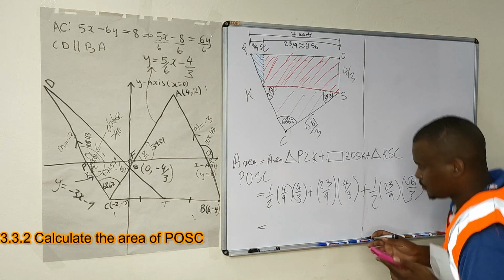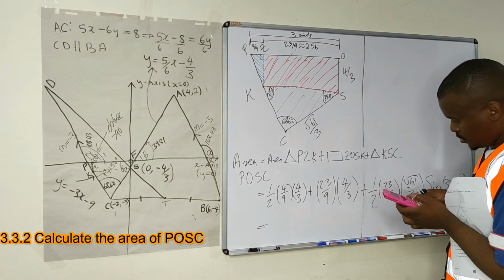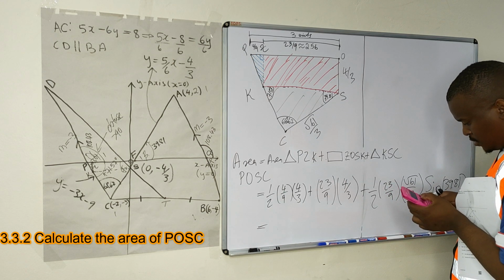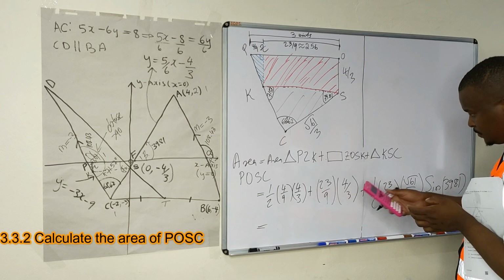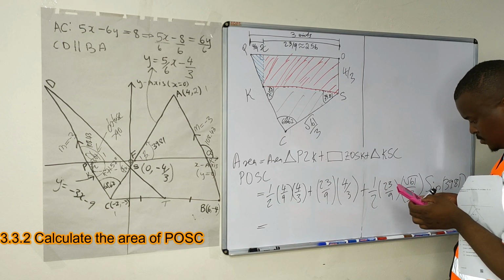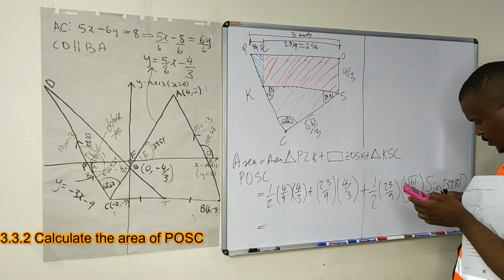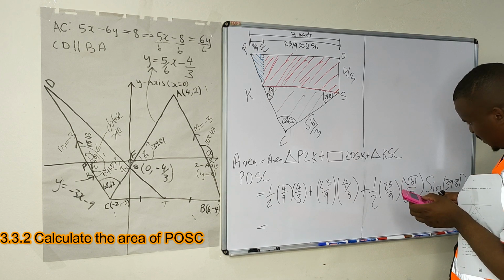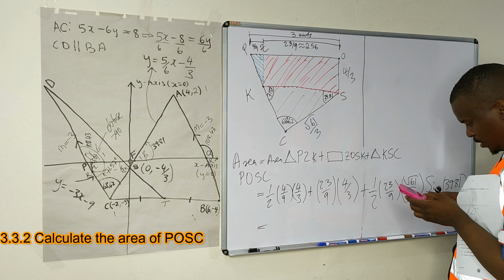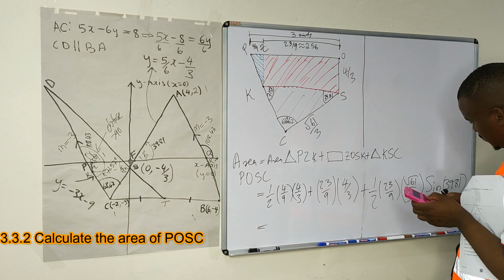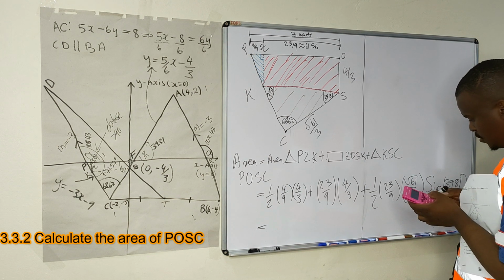So it's going to be 1 over 2 times 4 over 9 times 4 over 3, plus 23 over 9 times 4 over 3, plus 1 over 2 times 23 over 9 times root 61 over 3 sine of this angle.